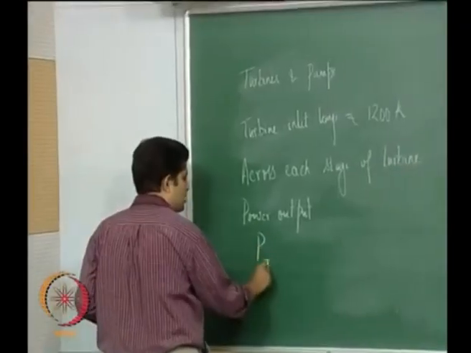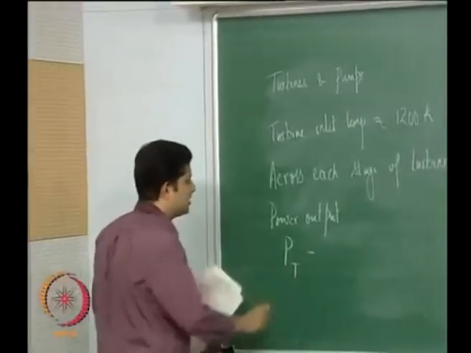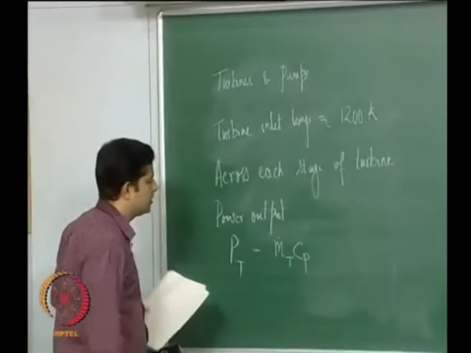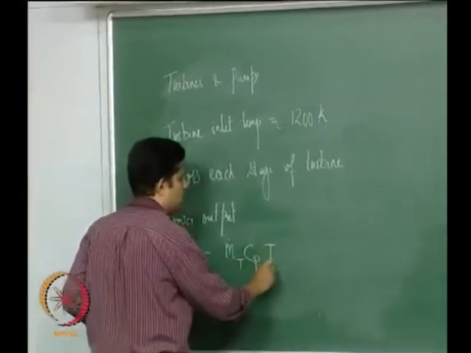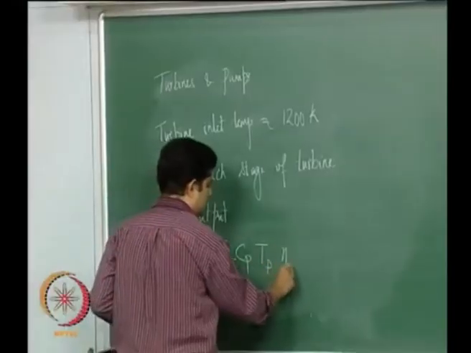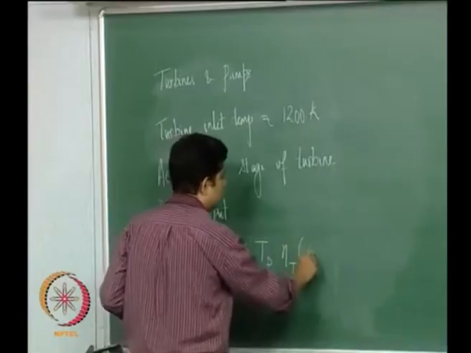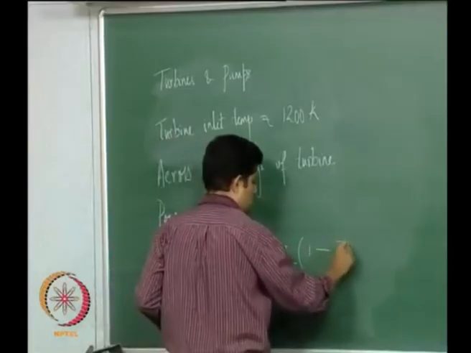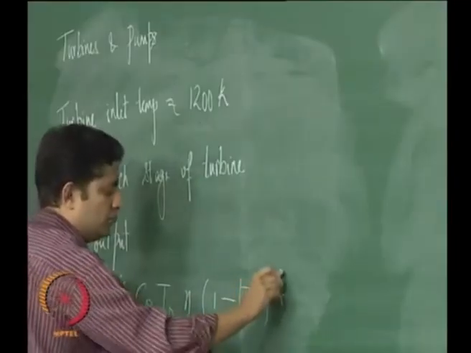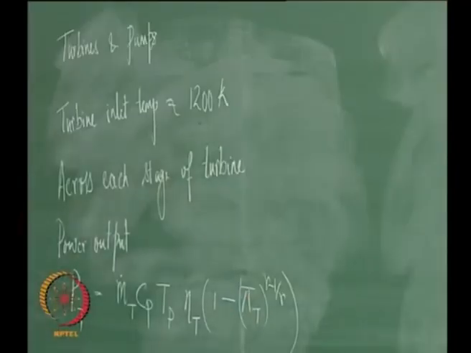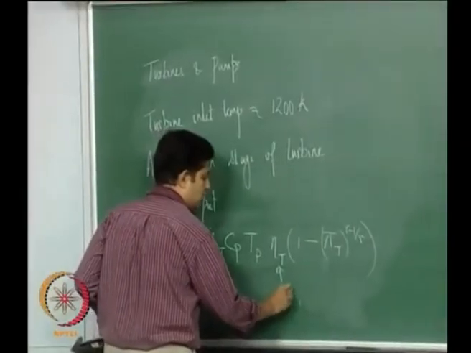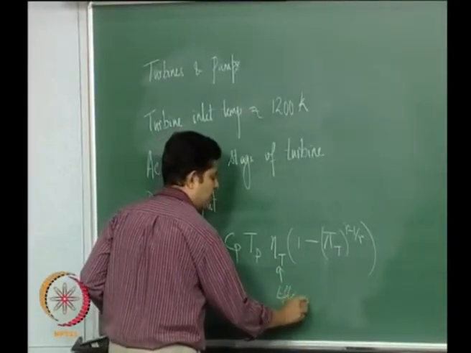So PT, the turbine power, can be written as Cp, where this is efficiency.